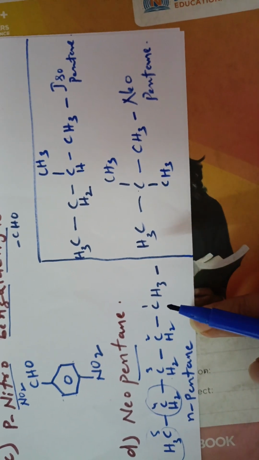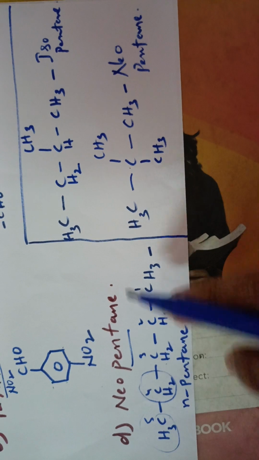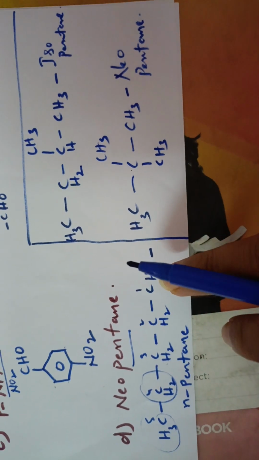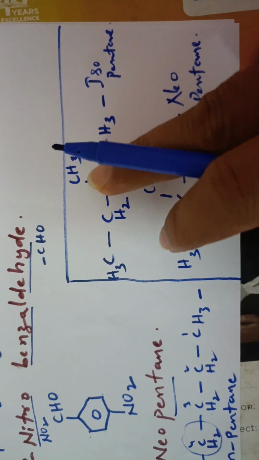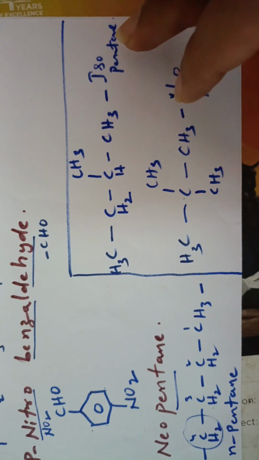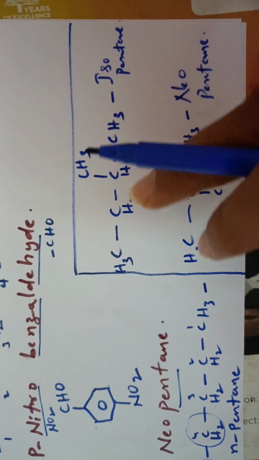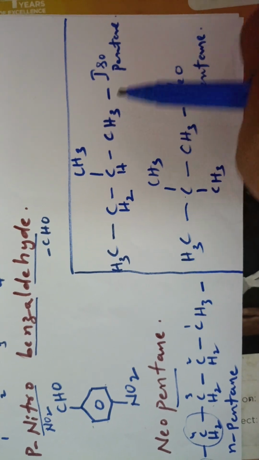So I wrote 3 structures. One is N-pentane, which simply means a straight chain of pentane. At the second carbon, 1 methyl group is attached. That is isopentane. Why pentane? Because it has 5 carbons only: 1, 2, 3, 4, 5. Total 5 carbons, so pentane.